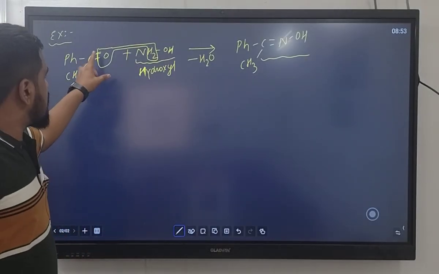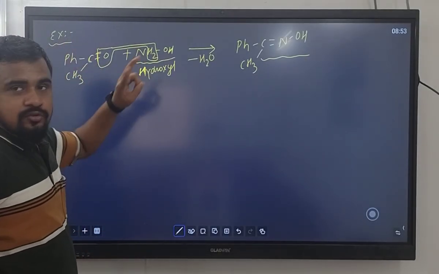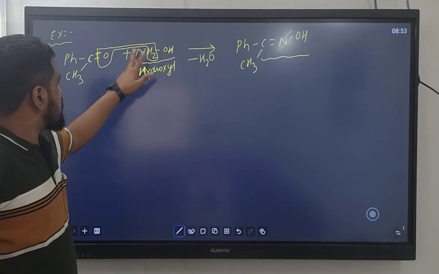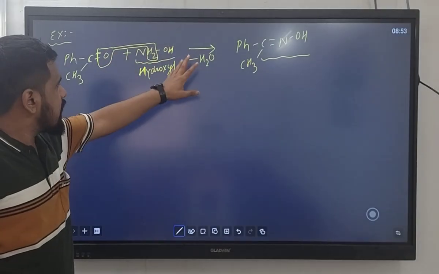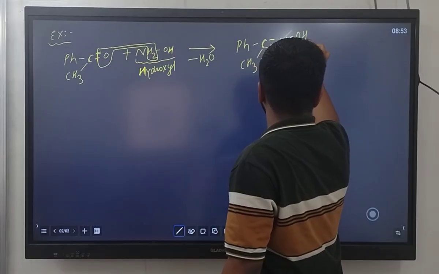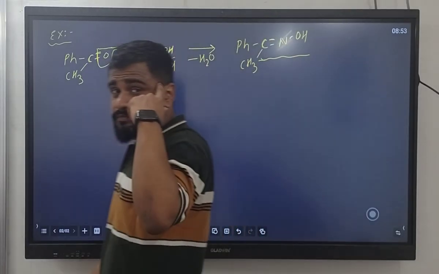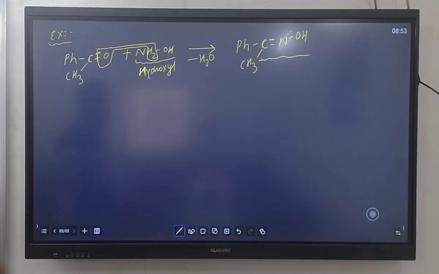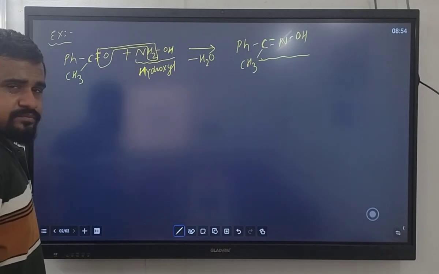The carbonyl has oxygen and the nitrogen has two hydrogens; remove water and this side becomes C double bond N and OH. This is the final product.